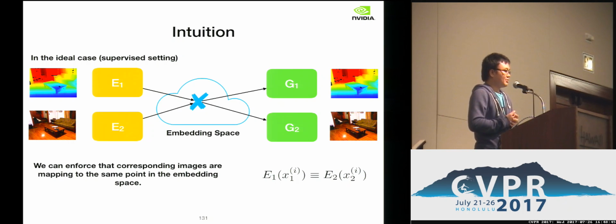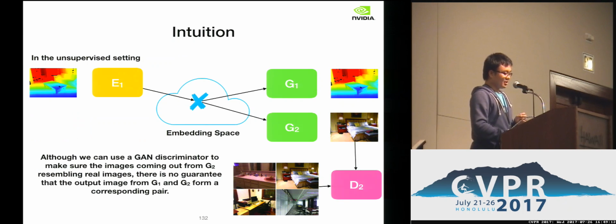To explain why it works, we can start with the supervised setting. If we have a depth image and a color image in correspondence, in the supervised setting, we can enforce E1 to map a pair of images to the same latent code in this latent space. And then we can use them to generate a pair of corresponding images.